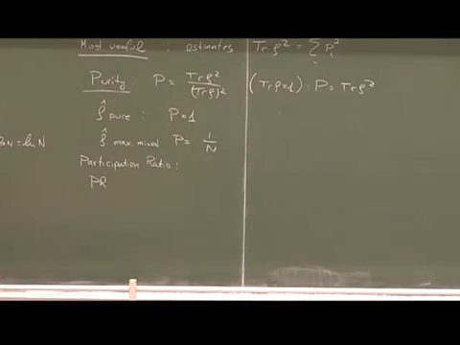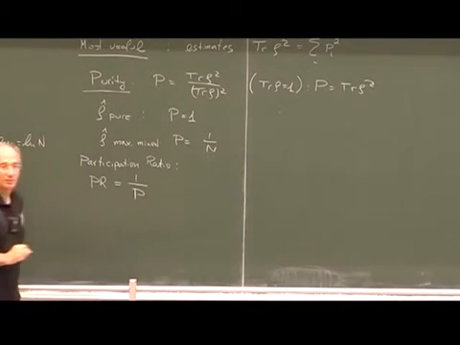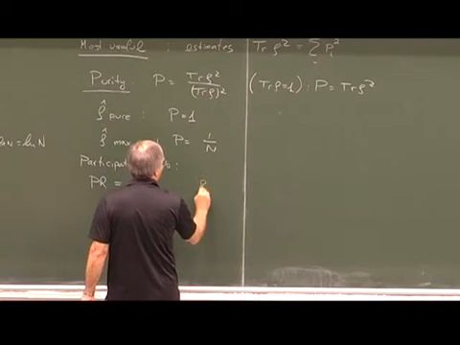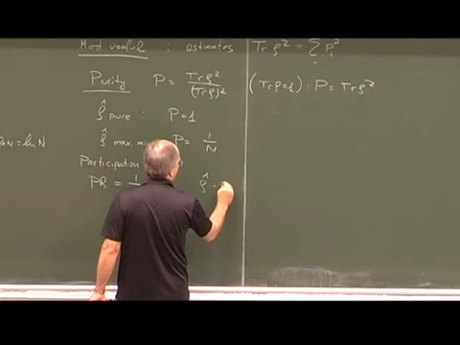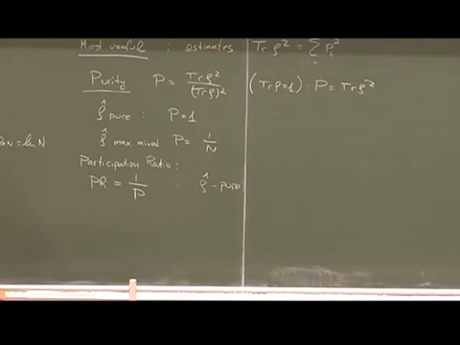Sometimes the purity is called the inverse participation ratio because the participation ratio is defined like 1 over the purity. And in this case, for our two extreme cases, if rho is pure, what is the participation ratio? 1 over 1, right?